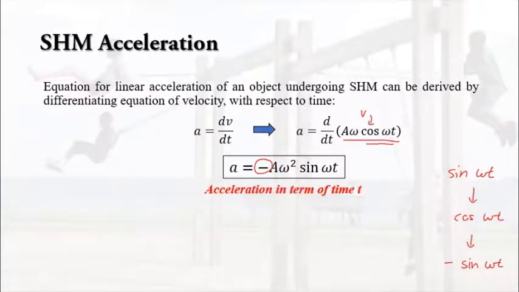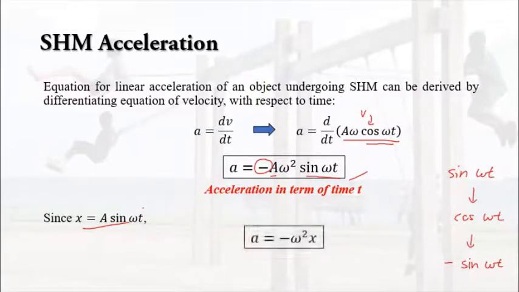Now how about the equation in terms of displacement? It's very simple. This one is not as complicated as velocity. If you look at these equations, you have a equals to negative A omega square sine omega t, and we know that x is equals to A sine omega t, right? So you compare these two equations, and basically, a is equals to negative omega square x.